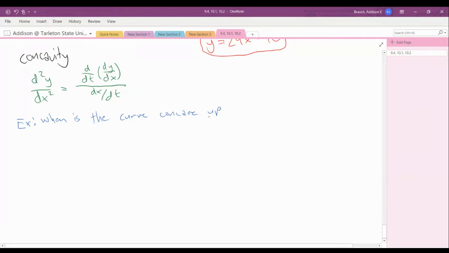And in this case, we're given x is equal to t cubed plus 1, and y is equal to t squared minus t.